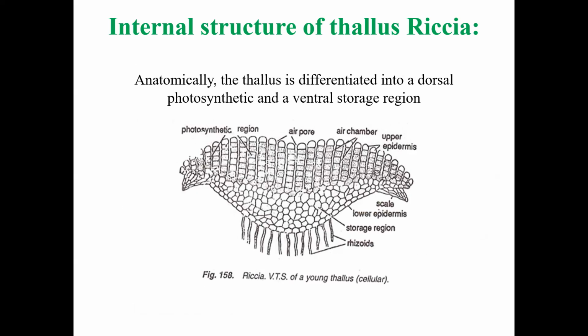Next topic, internal structure of the thallus of Riccia. Anatomically, the thallus is differentiated into a dorsal photosynthetic and a ventral storage region.